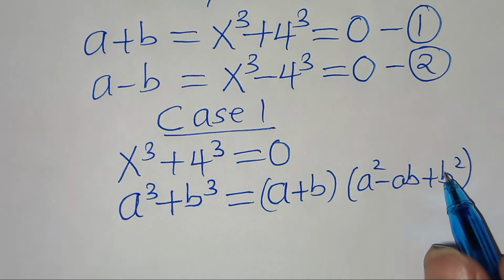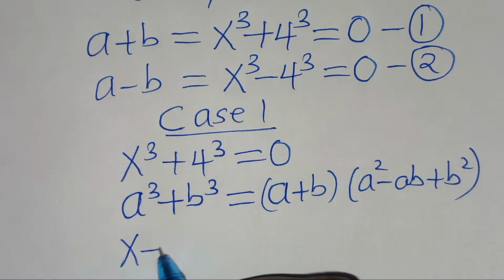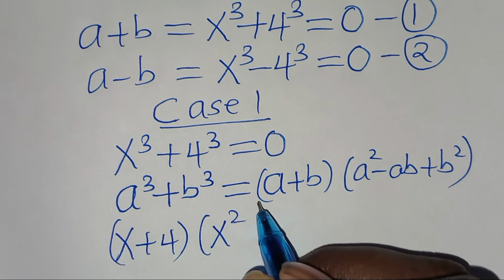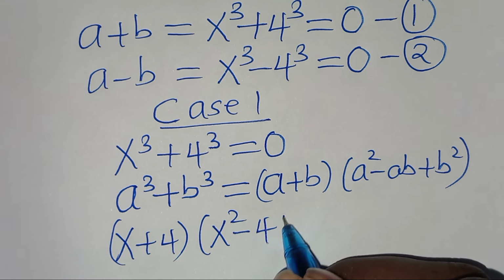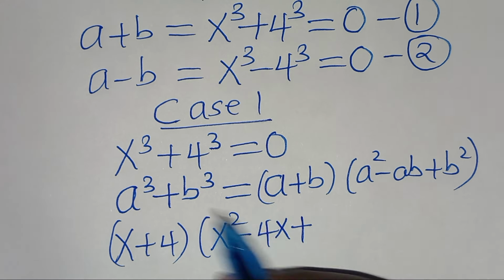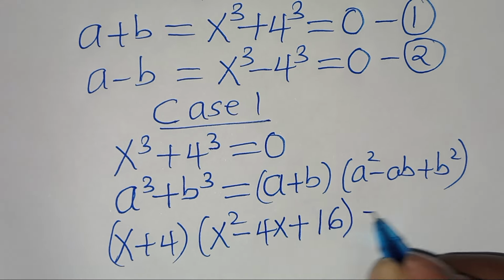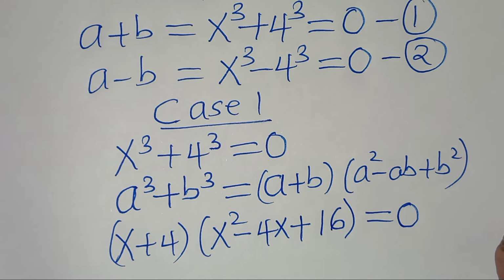Applying this identity, we have x plus 4 times x squared minus 4x plus 4 squared, which is 16, equal to 0.